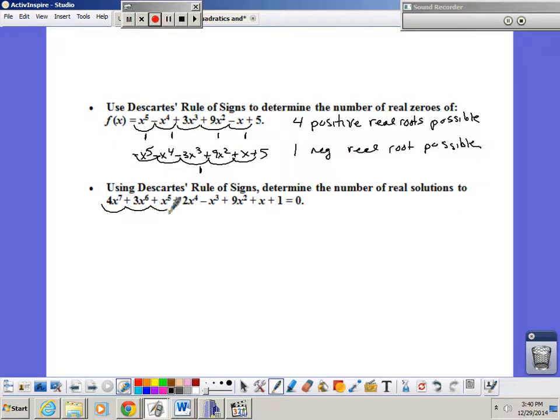No change, no change, no change, one change, one change, no change, no change. 2 positive real roots possible. Remember, odds are going to change. Evens will not, because we're putting in a negative x, and a negative will only affect your odd exponents.